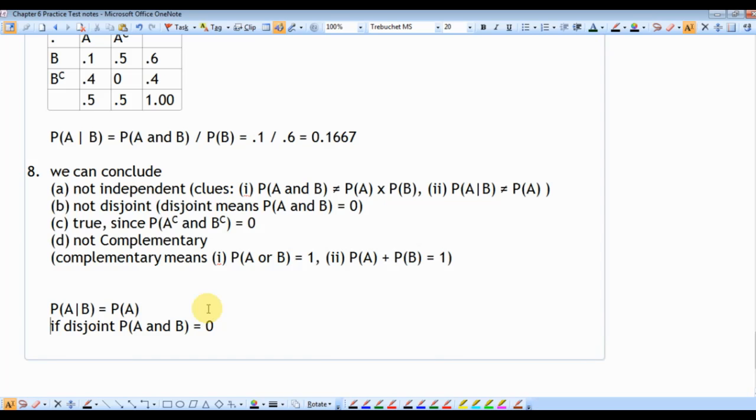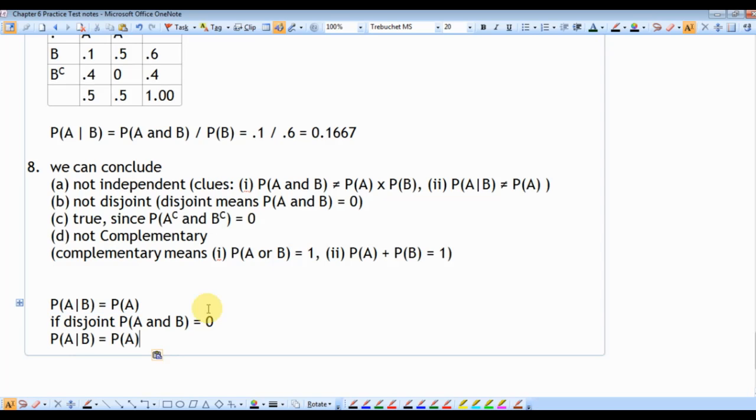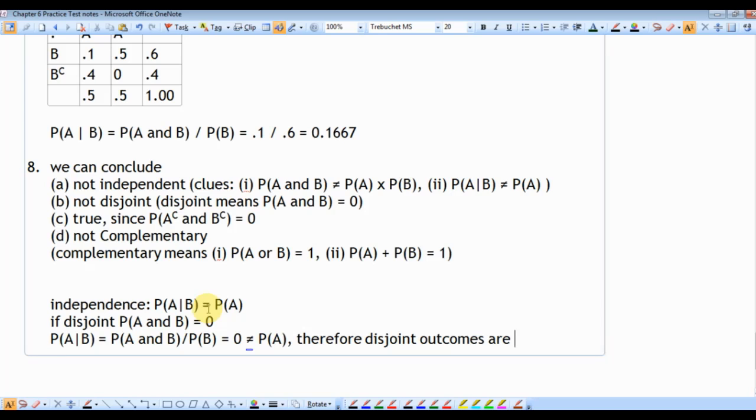So we take this formula, and that's going to be equal to the probability of A and B divided by the probability of B. That's going to be 0 if they're disjoint, which is not going to be equal to the probability of A. Therefore, not independent. Outcomes are dependent. Okay.